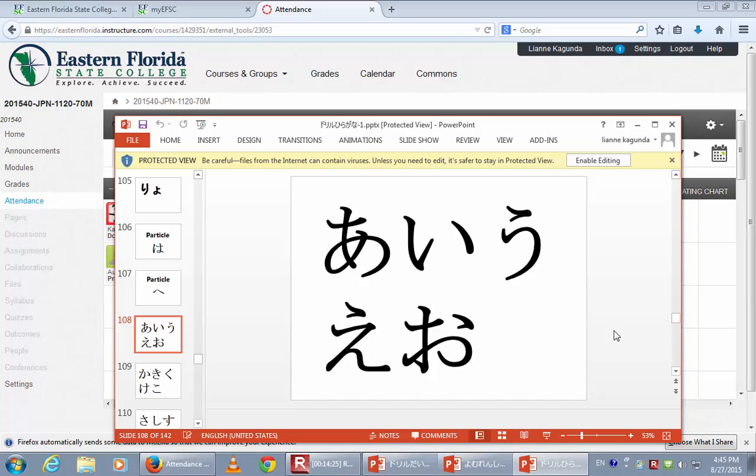Nan. Another word for nani. Nan and nani are just 2 different pronunciations that both mean what, and it depends on what follows as to which pronunciation it takes. There are certain set phrases that require nan, other set phrases require nani. It's situational. And I will point out which one it is as it comes up.